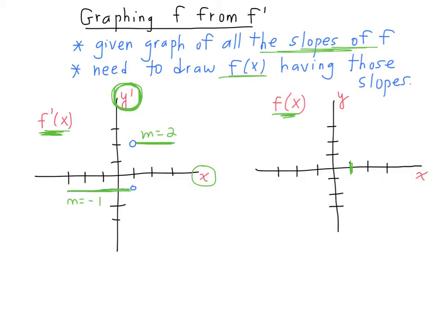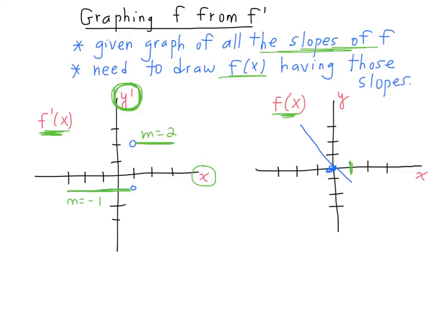Now, we don't have any information telling us what the y-intercept is supposed to be. We don't know any points that it's supposed to pass through. So again, there's a lot of different ways you can draw this. Let's suppose we want it to go through the origin. If we want it to go through the origin with a slope of -1, it would come down and stop right there at 1.